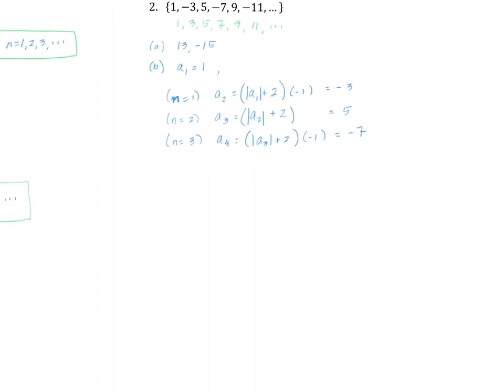When I write my a sub n plus 1, it has to be the same for each term. So far I see that I could do an absolute value of a sub n plus 2. And then I have to deal with this negative 1. So I'm going to define the exponent on my negative 1 in terms of what my n value would be.